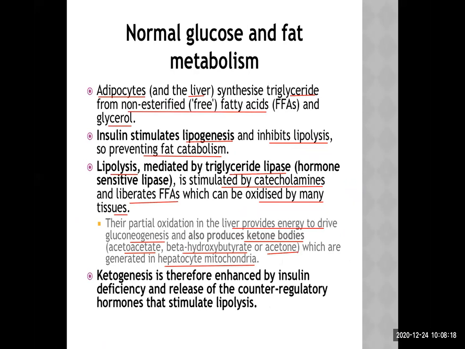Whereas if ketone bodies are actively formed, that means the counter-regulatory hormones are there in excessive level. And those counter-regulatory hormones are catecholamine, glucocorticoids, growth hormone, and glucagon. Among them, the catecholamines are the very important one regarding this process. Let's move on.